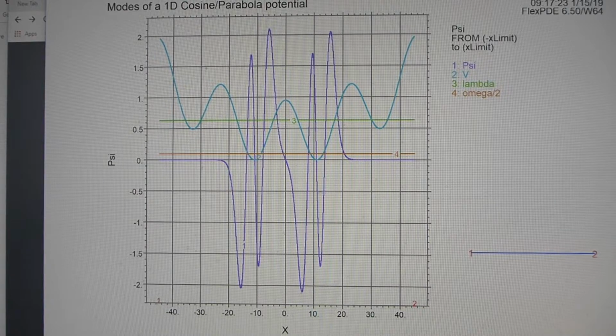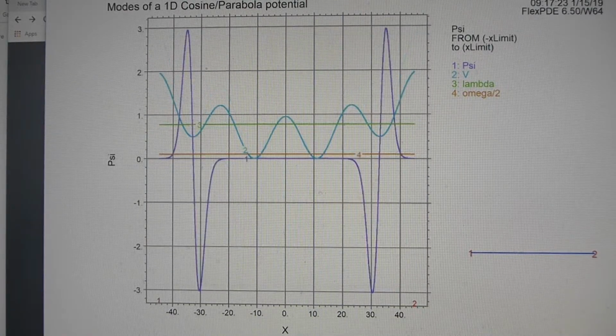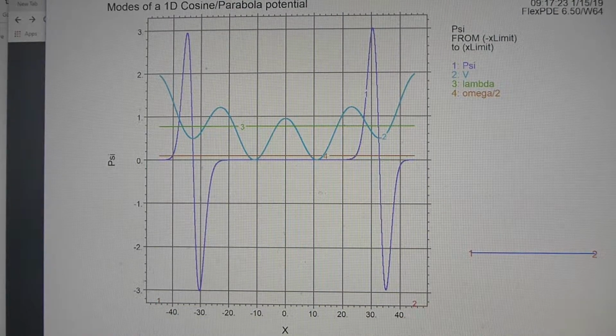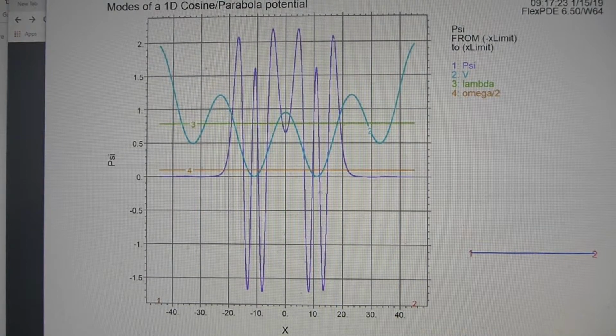And of course the energy is moving up on both of those. Here we have the second mode, the first excited mode really, centered on the second potential well. And that goes up, and you can see that it's going up higher. And this is the next one. In other words, it happens to be degenerate with the last one.